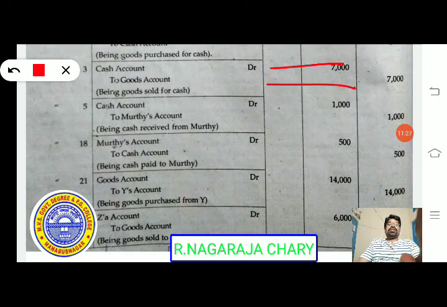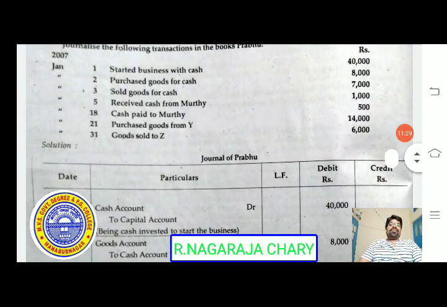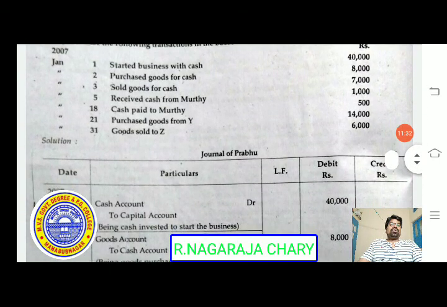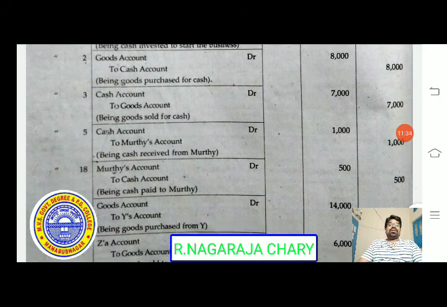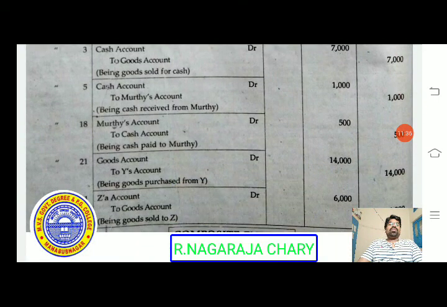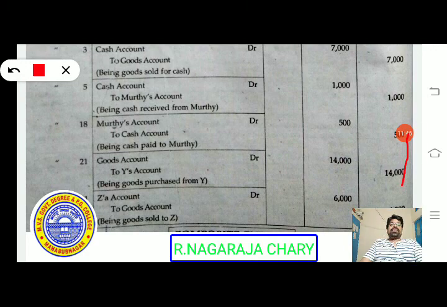Next transaction, on 5th date, received cash from Murthy, that is 1000 rupees. Here we are receiving cash from Murthy. So, cash is coming inside. According to real account, debit what comes in.